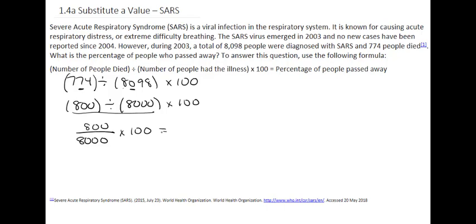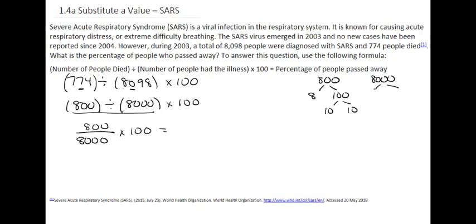So this 800 can be broken down into 8 times 100, and then this 100 can be broken down into 10 and 10. We'll just leave it there, as 8,000 can be done very similarly.